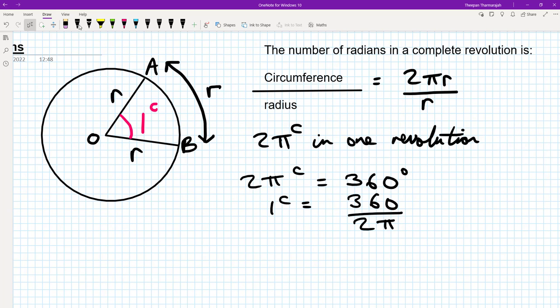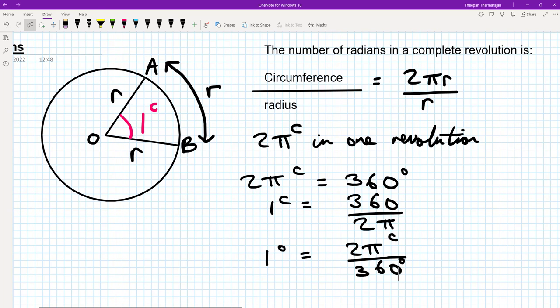And therefore, going the other way, 1 degree is 2 pi radians over 360 degrees. So we're going to come back to these in later examples when we convert from one unit to the other.